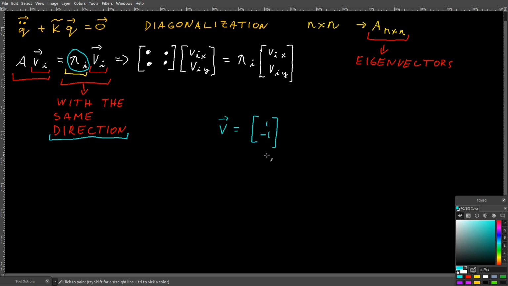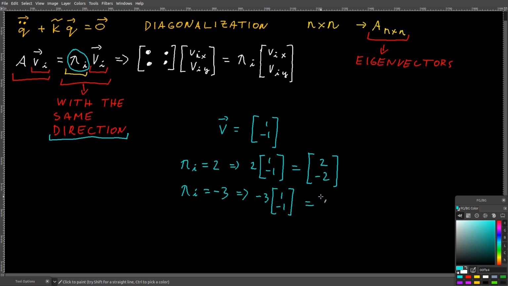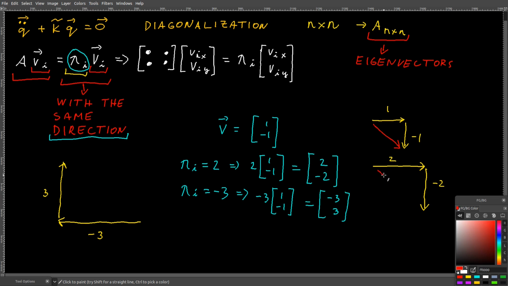Let's say that I have this vector, and then for this lambda, let it be 2, then 2 times this vector would be this one. Or if your lambda is minus 3, then you will have this vector. In all three cases, we have the same direction.